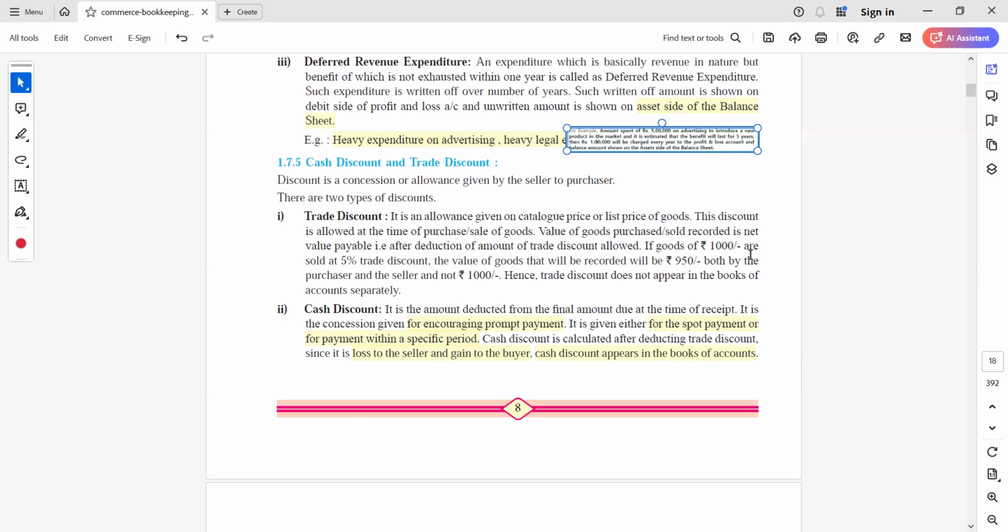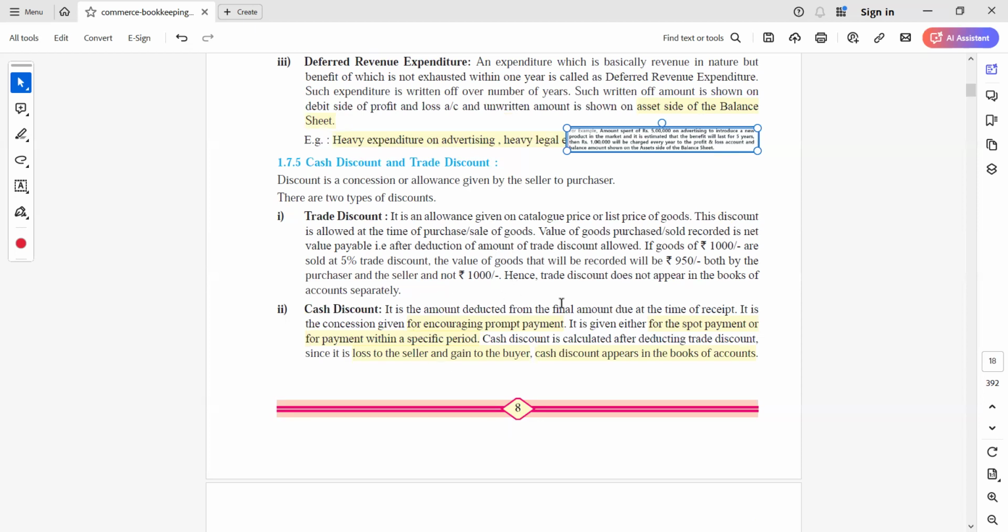If goods of 1000 are sold at 5% trade discount, the value of goods that will be recorded will be 950, both by the purchaser and the seller, and not 1000. Hence, trade discount does not appear in the books of account. Very clearly, see, trade discount, your price will appear net in the book, not the gross.